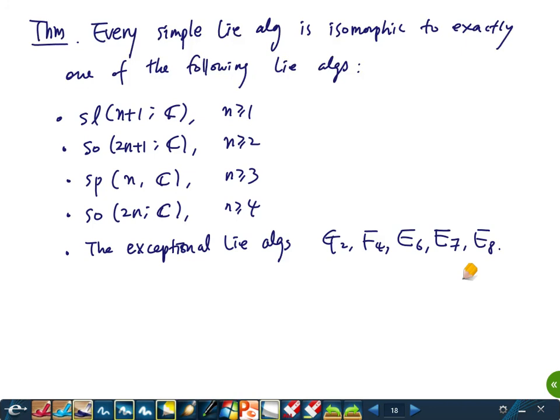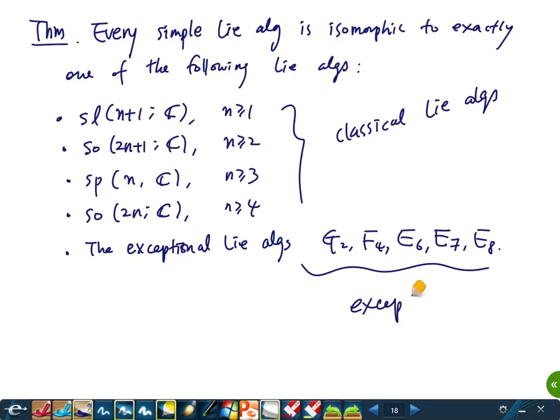So if you again want to show some property of a simple Lie algebra, you can just prove it case by case. These are called the classical Lie algebras, and these are exceptional. These are all possible simple Lie algebras.